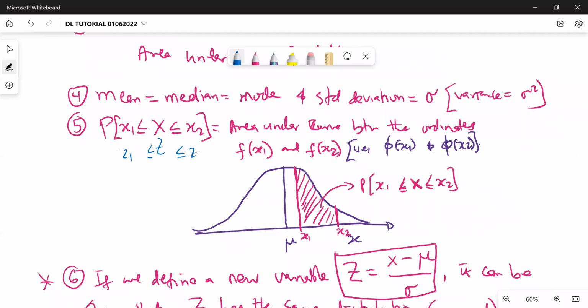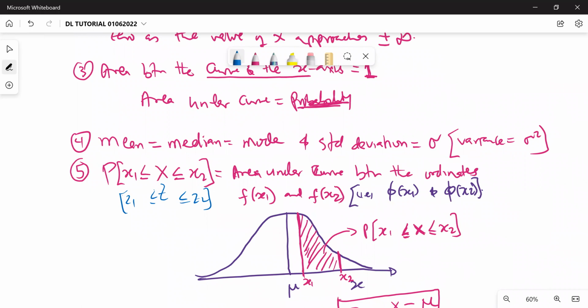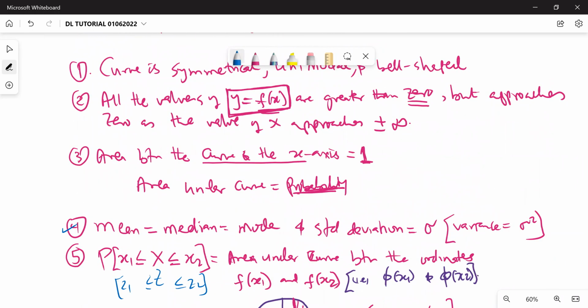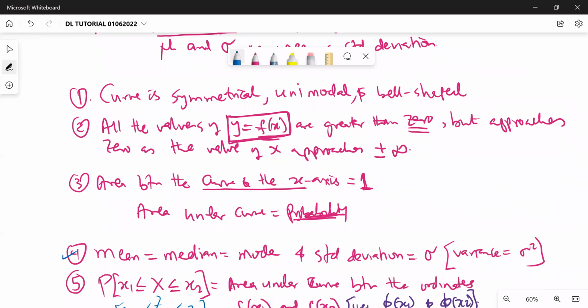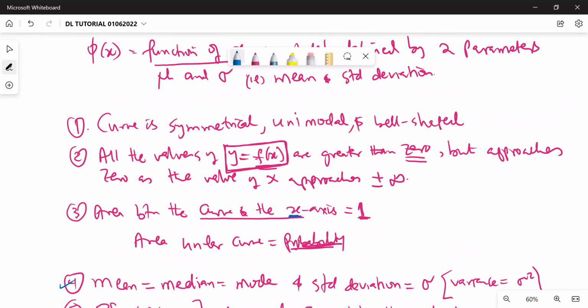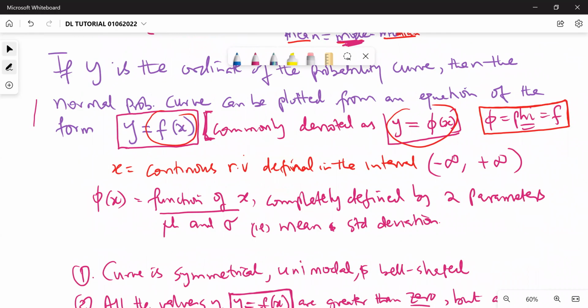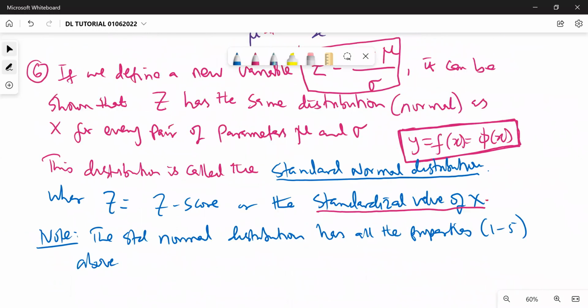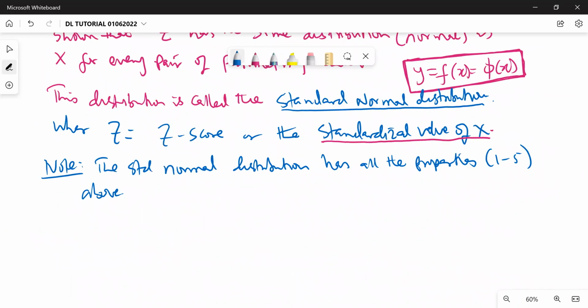Everywhere there is X, you put Z. So this remains the way it is. Area under curve, but now we'll be talking about the Z axis, not the X axis. You replace the X axis with a Z axis, so it has all the properties 1 to 5 above.